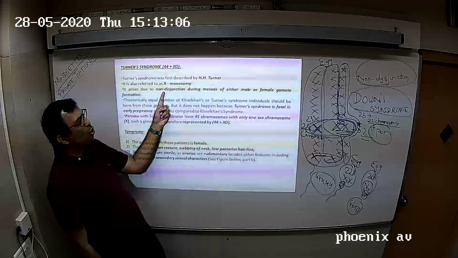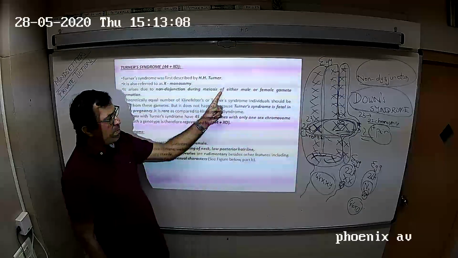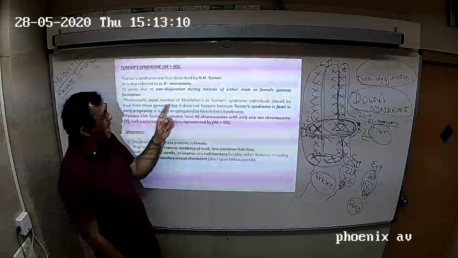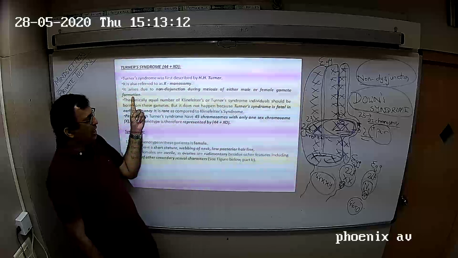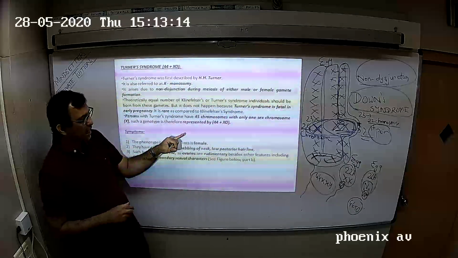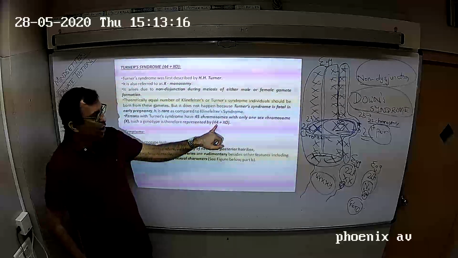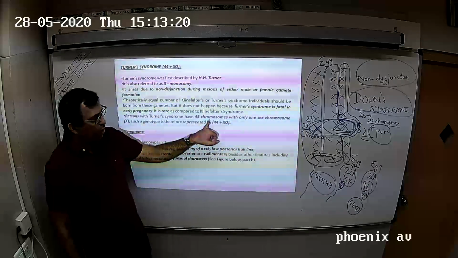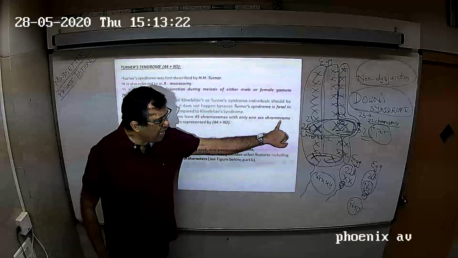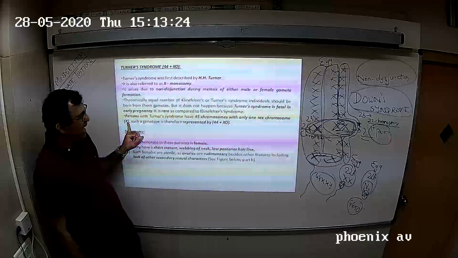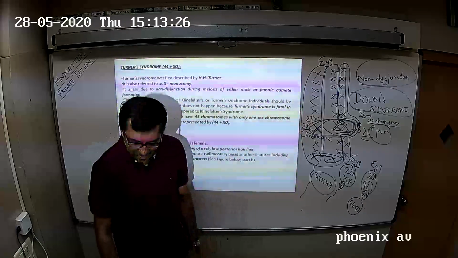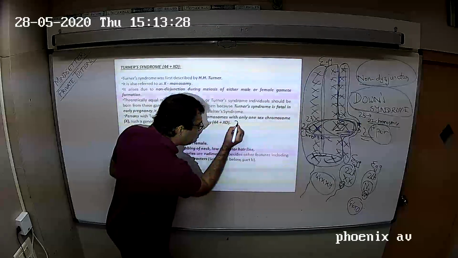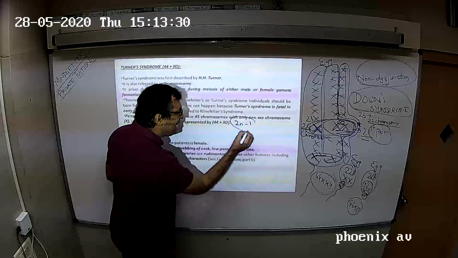It arises due to non-disjunction during meiosis of either the male or the female gamete formation, and this disease is 44 plus X0. So, what is the chromosomal pattern? 45 chromosomes, with only one sex chromosome X, that is 44 plus X0, which can be written as 2n minus 1.